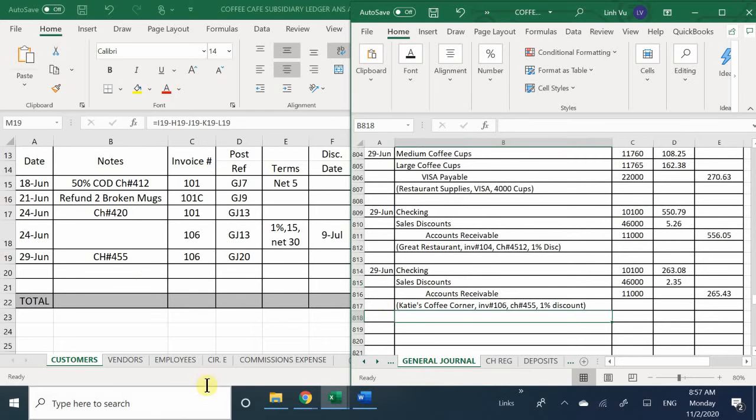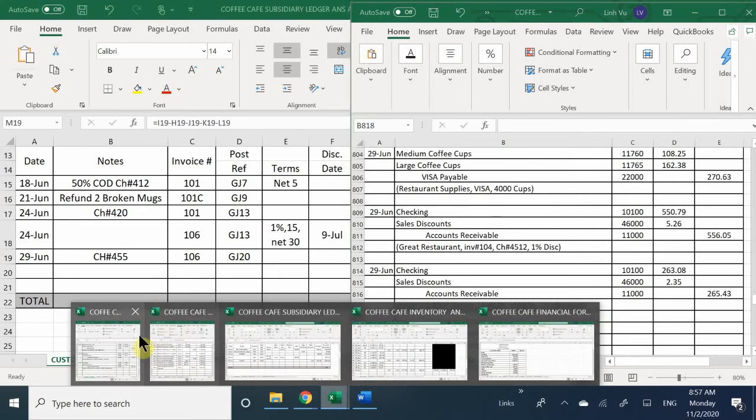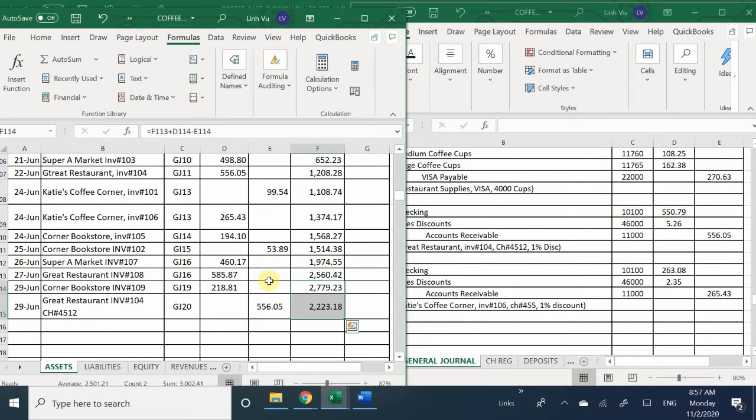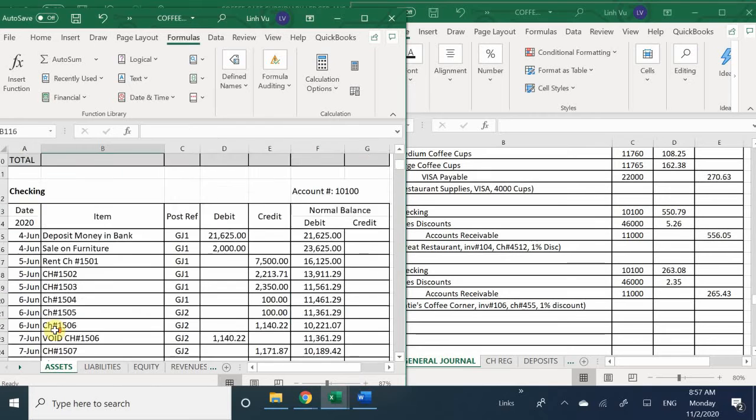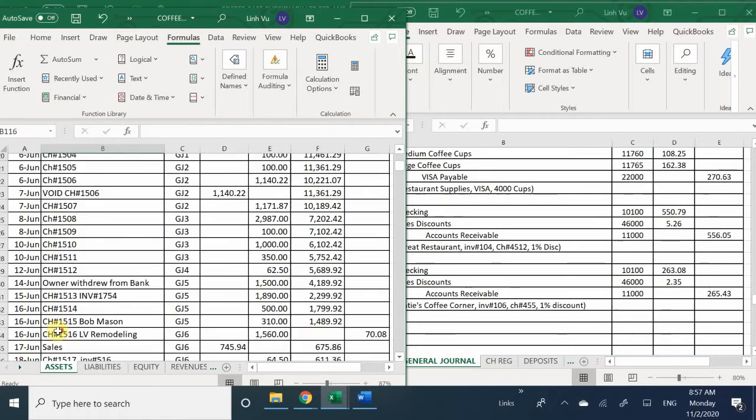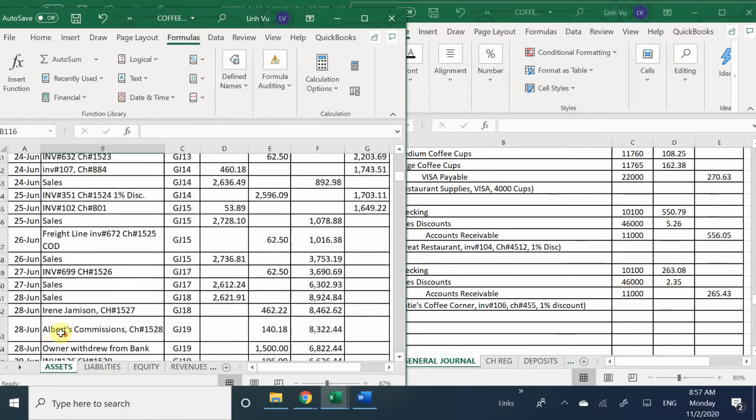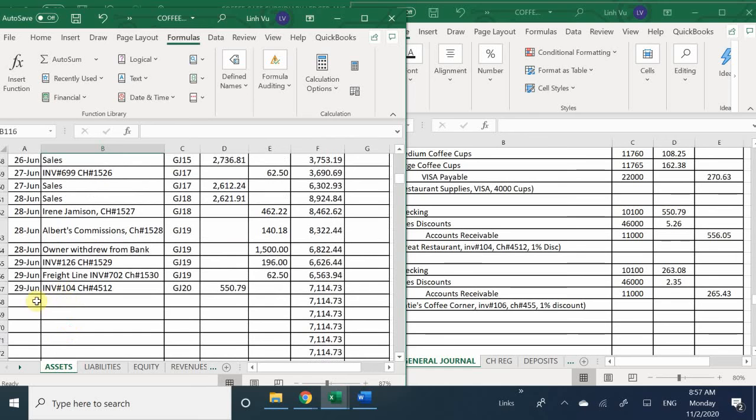General ledger. All right. First things first is checking. Invoice 106.